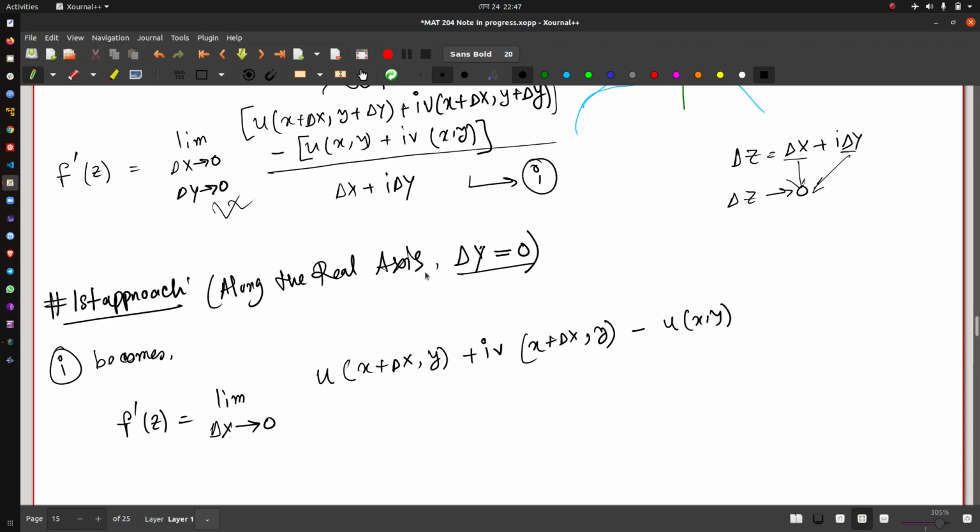Also note that along the real axis, since you are changing things on the real axis, you will only get delta y equal to 0.